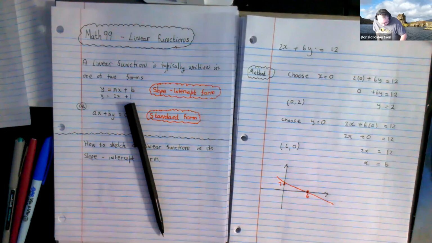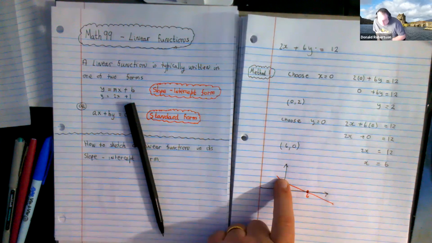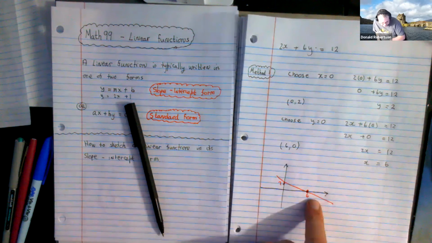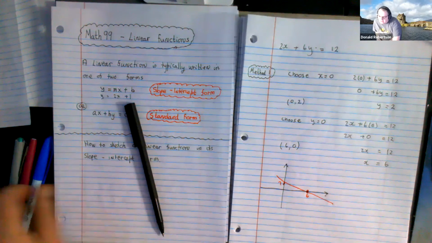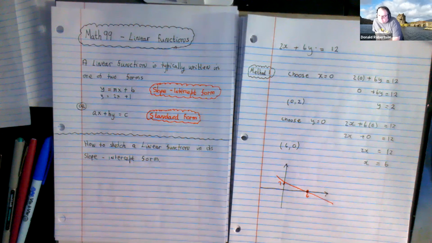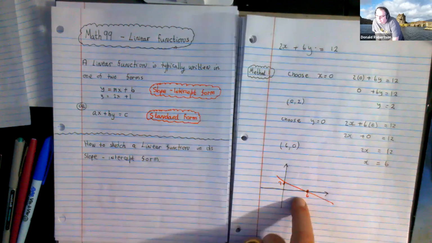Now you notice 0, 2 is the y-intercept and 6, 0 is the x-intercept. So if you look it up on the internet, this method is very often called the finding the intercepts method. You basically find out where the line crosses the x and y axis. And provided that the numbers are nice, as they are here, nice, easy to plot numbers, this method works totally fine.